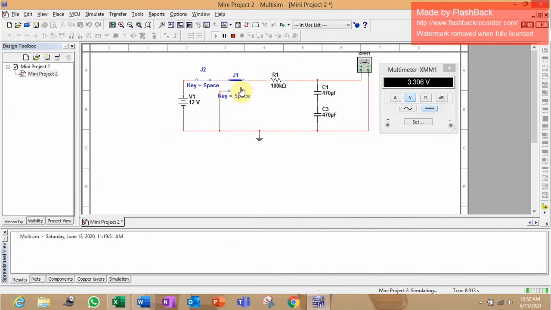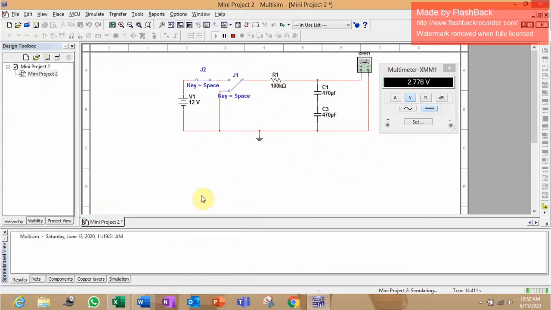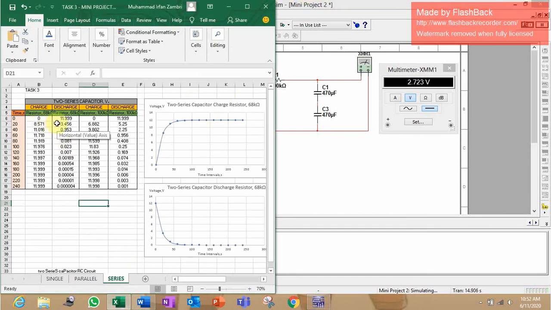For discharge, press the switch, and the voltage will start to drop. So here is the value obtained for the voltage across the capacitor. This is for 100 kilo ohm. Sorry. Here is the result.